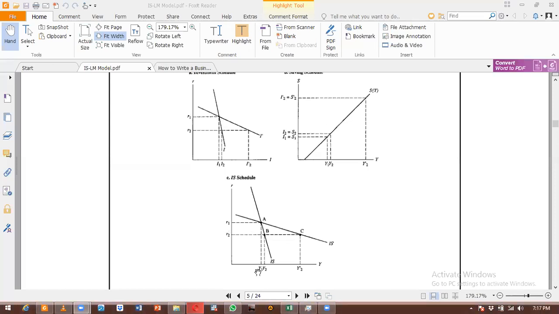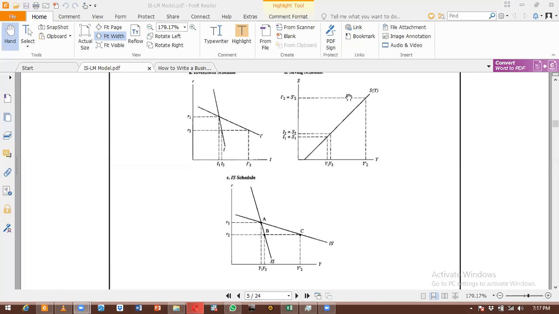where R1 resulted in an income level of Y1. Now there's a fall in interest rate from R1 to R2. But because the investment is less sensitive to changes in interest rate, the change in investment was very small, just from I1 to I2, what we have here.